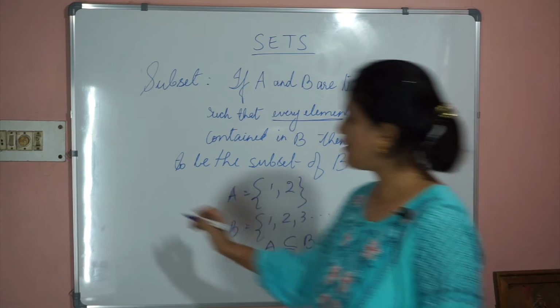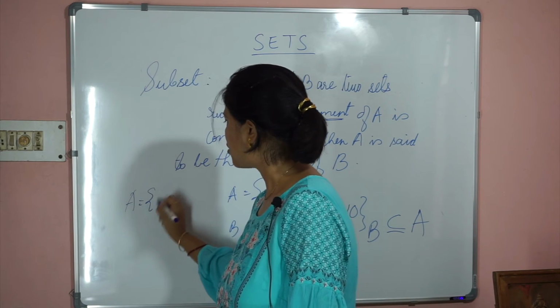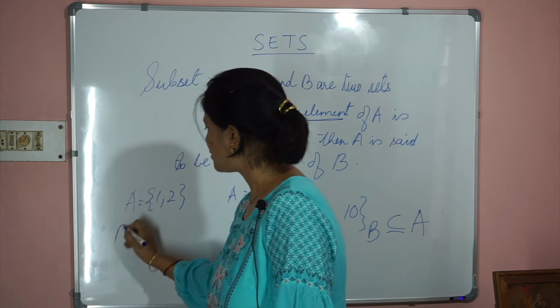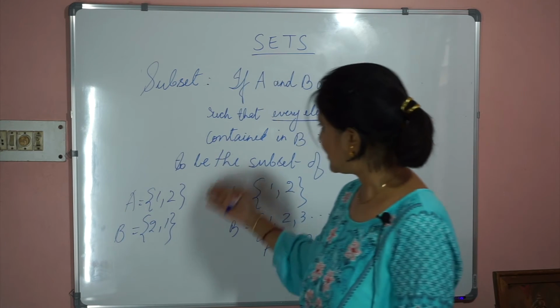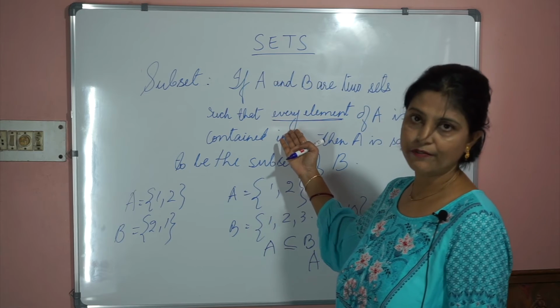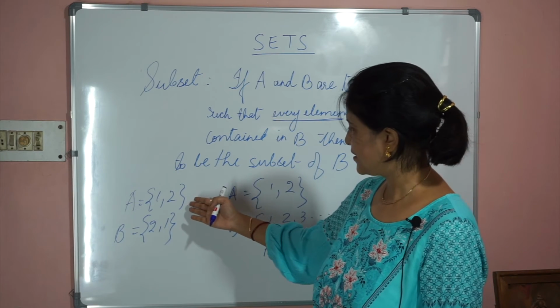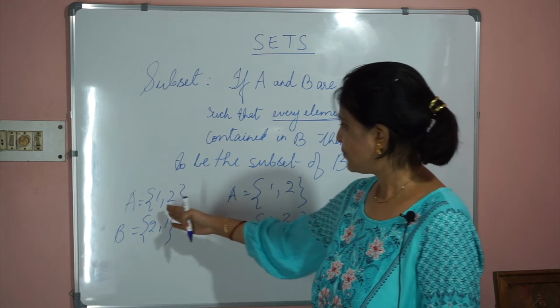So, if I write A as 1, 2 and B also has the same elements, 2, 1, the definition I have written for subset is satisfied.